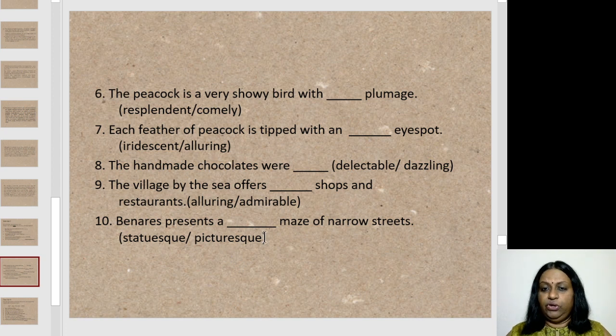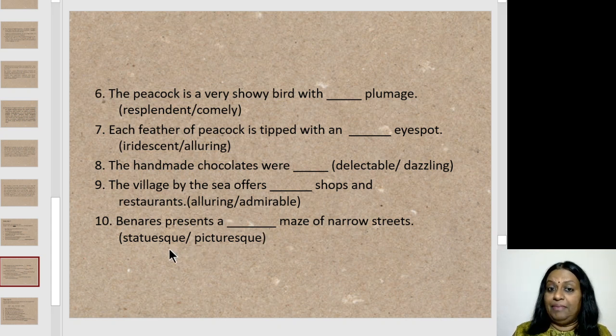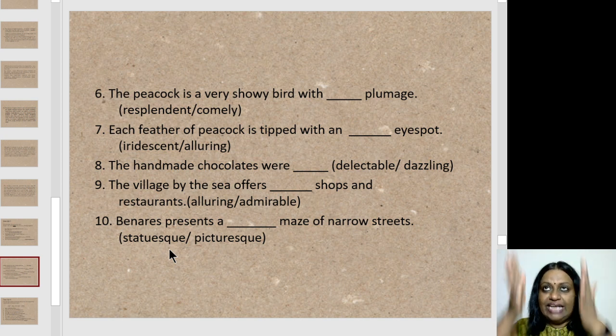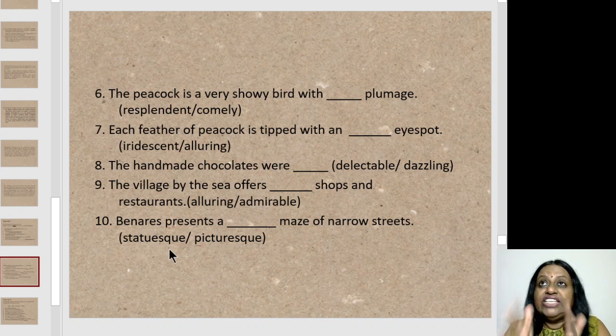Picturesque is very dramatic and very attractive looking. Statuesque is also very dramatic looking, but then you describe a statue or a physical form. A statue would be statuesque. A person can be described as statuesque. It has more to do with a physical description. Picturesque would be looking very dramatic.